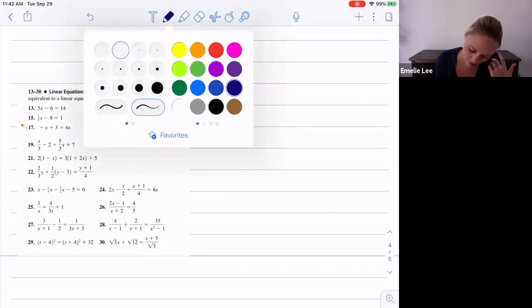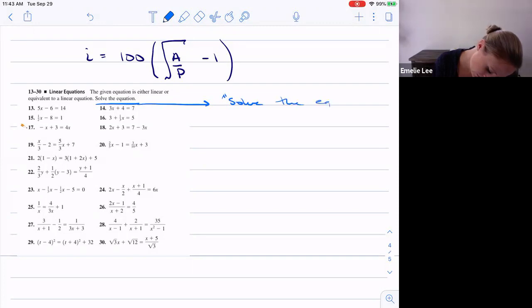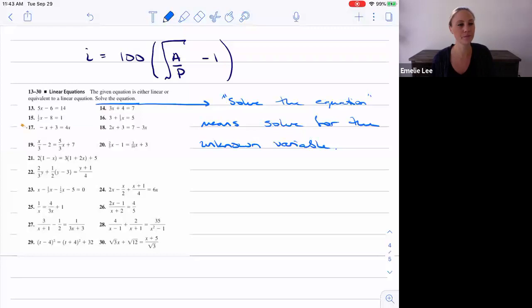So here, solve the equation means solve for the unknown variable. So in all of these, I've got an x, x, x, x, x, x.